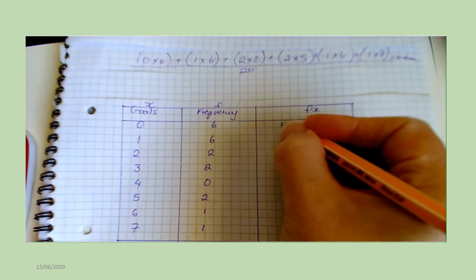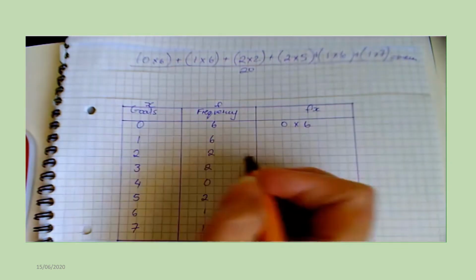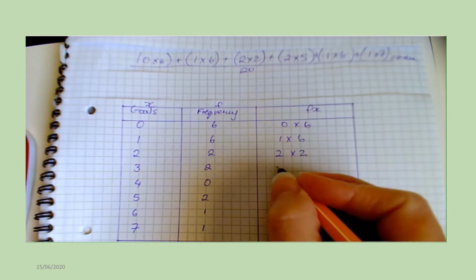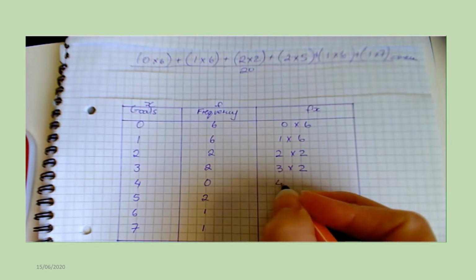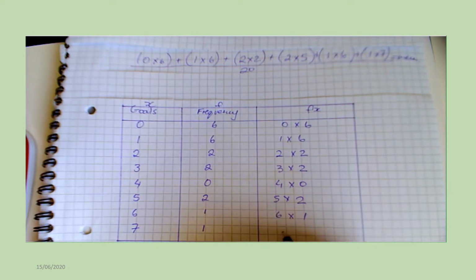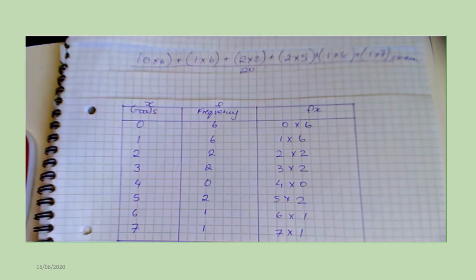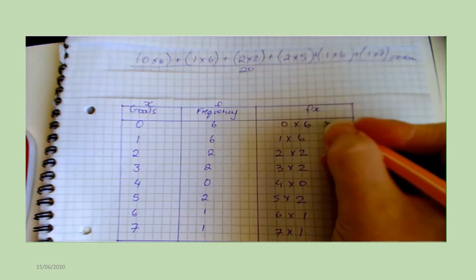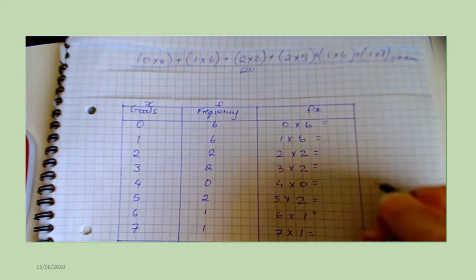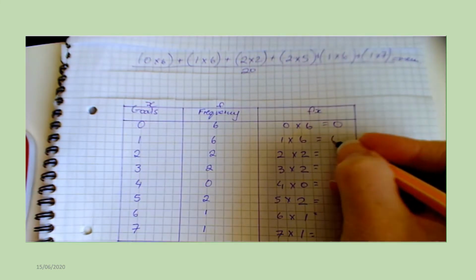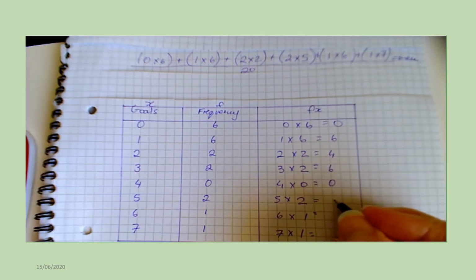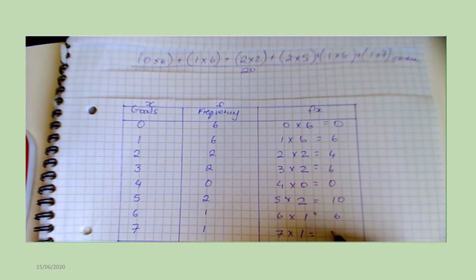So I would have 0 times 6 here, 1 times 6, 2 times 2, 3 times 2, 4 times 0, 5 times 2, 6 times 1, and 7 times 1. Then let's work those out ever so quickly. Okay, so I would have 0, 6, 4, 6, 0, 10, 6, and 7.